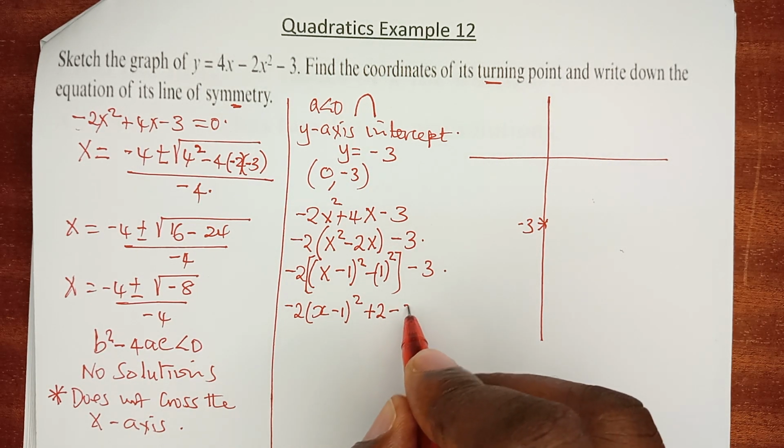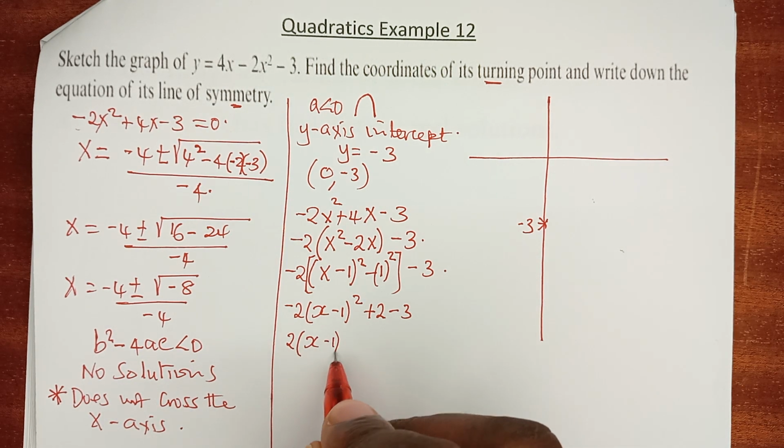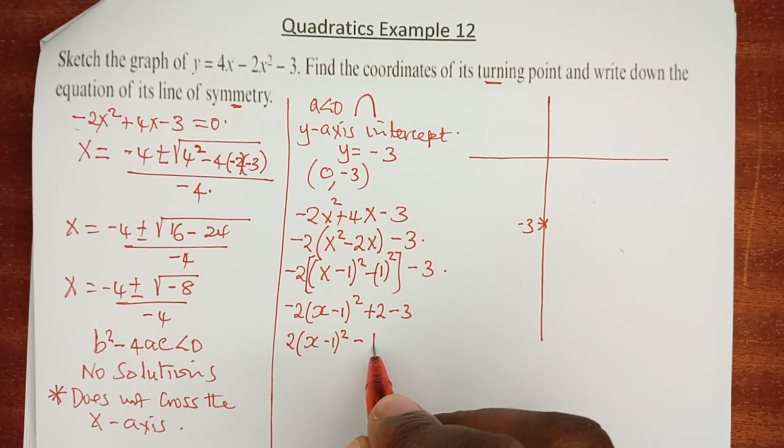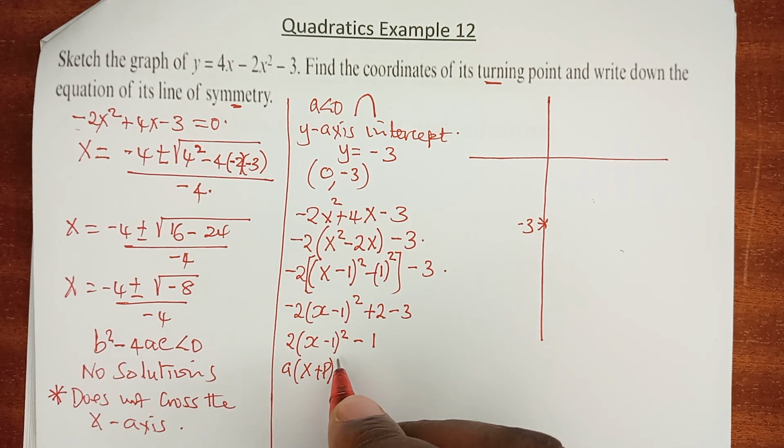Plus 2 minus 3, we have minus 2(x minus 1) squared minus 1. This is already in the form a(x plus p) squared plus q.